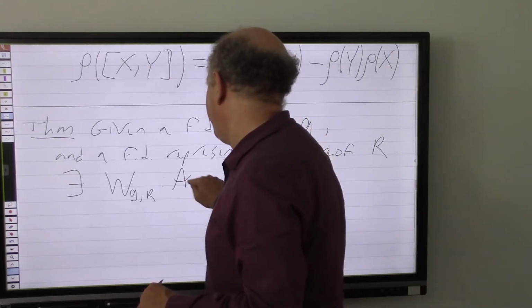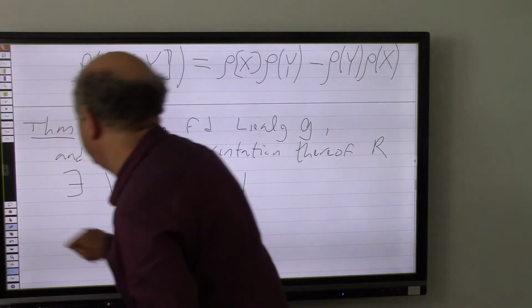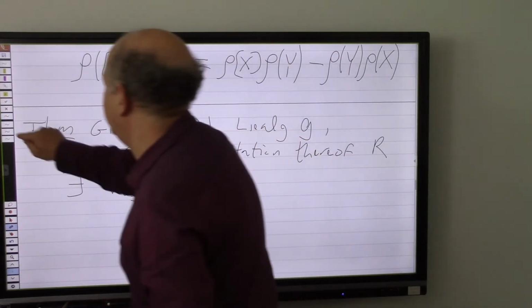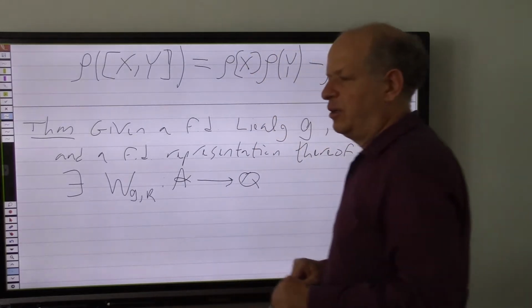So it is a functional on A with values in the ground field. Okay?